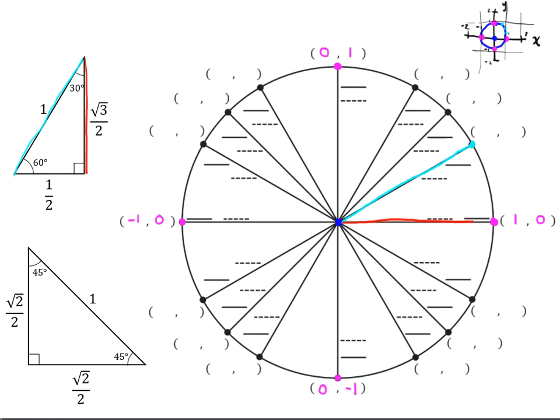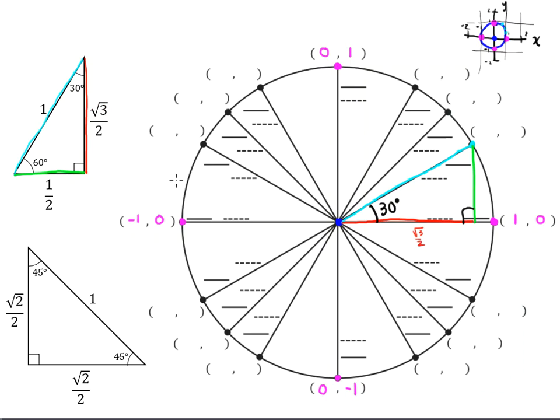I'm color coding it so you can see the orientation of this triangle. Do you see our right triangle right there? If you'll notice, this angle is 30 degrees. The measurement of the red side right here is square root of 3 over 2.